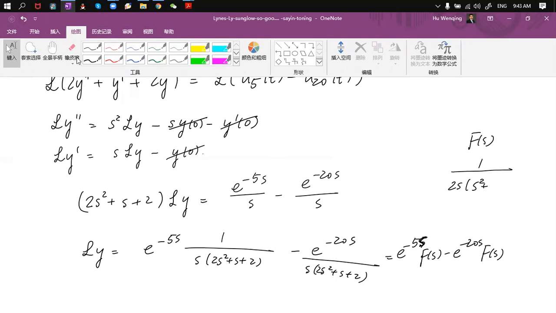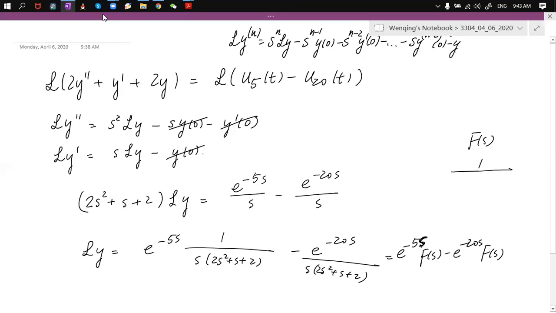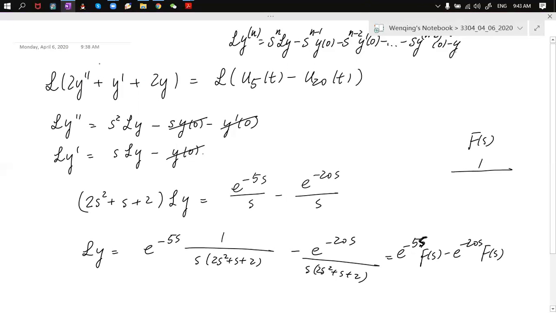Here you would like to have 1 over s times 2s squared plus s plus 2, and you want to transform back into the function small f of t.